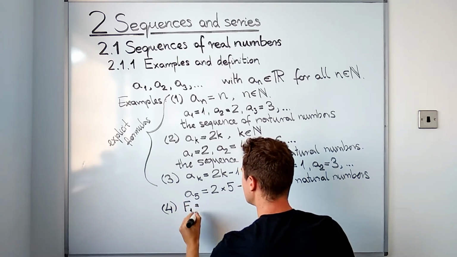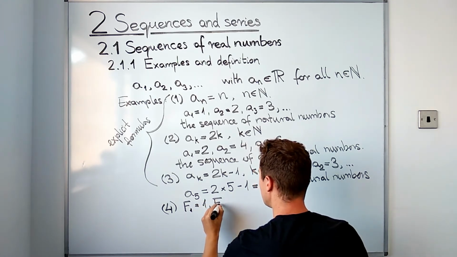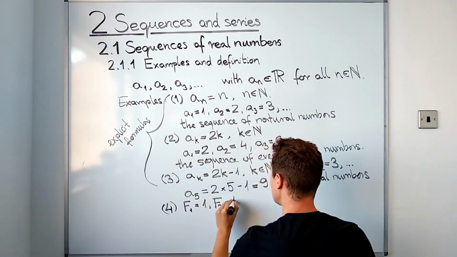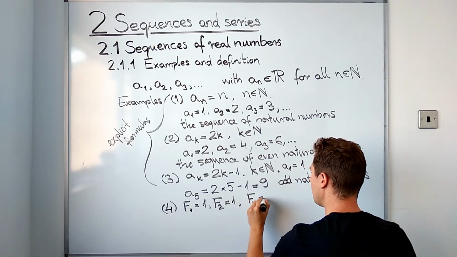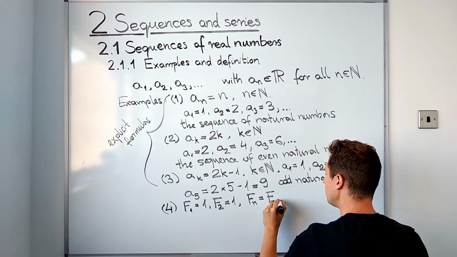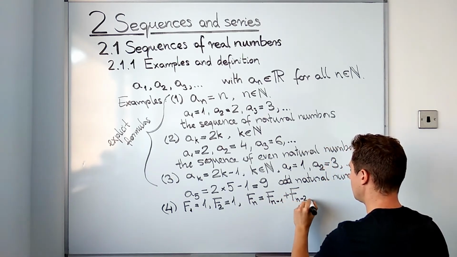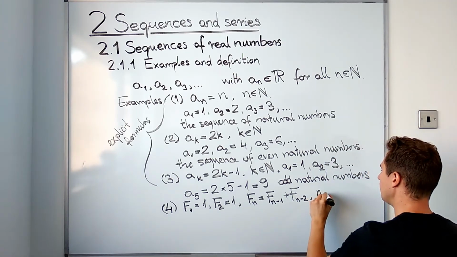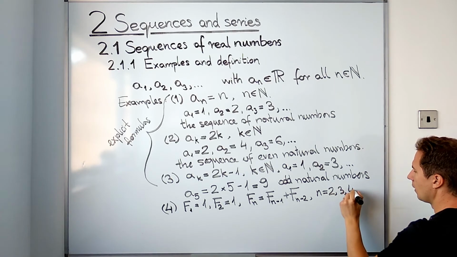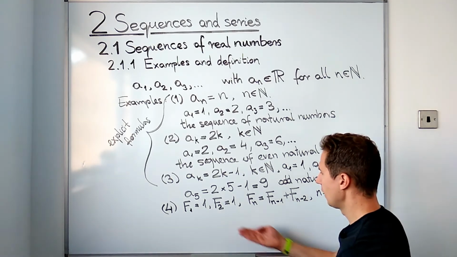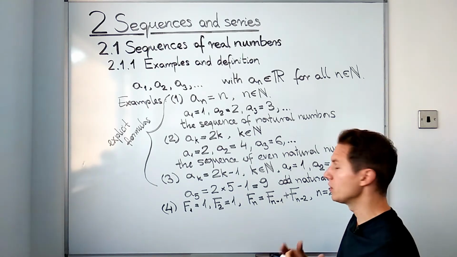It starts with the first term being equal to 1, and so is the second term in the sequence. And after that, the nth term of the sequence is obtained by adding the previous two terms. So this is true for indices n equal to 2, 3, 4, and so on. Okay, you have all seen this sequence, I hope. This is the sequence of Fibonacci numbers.